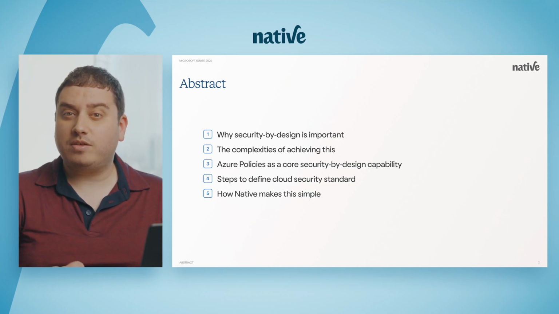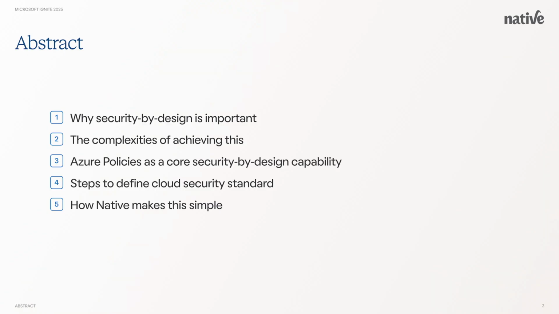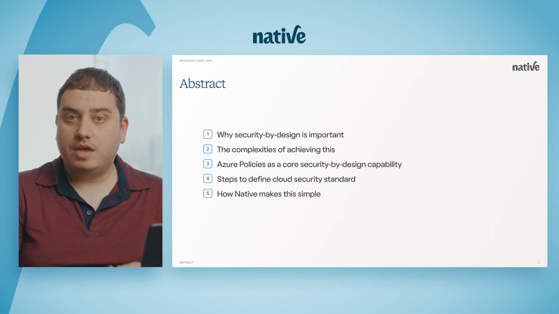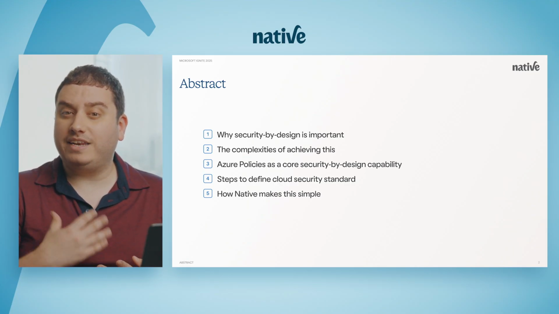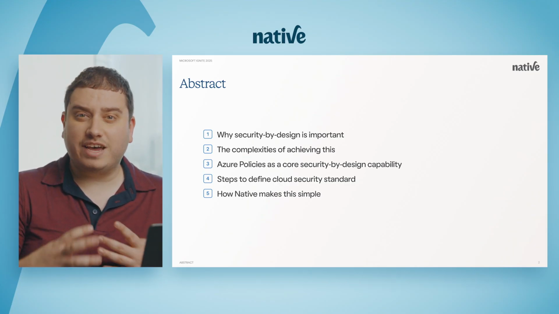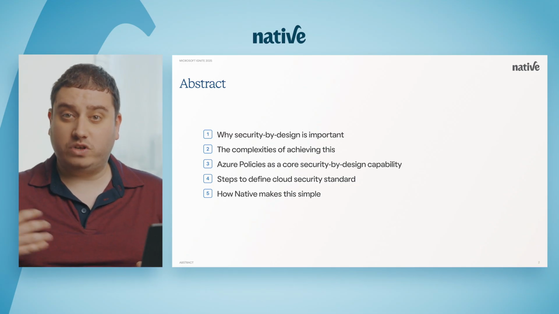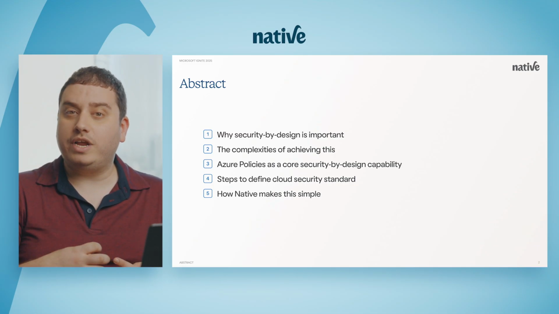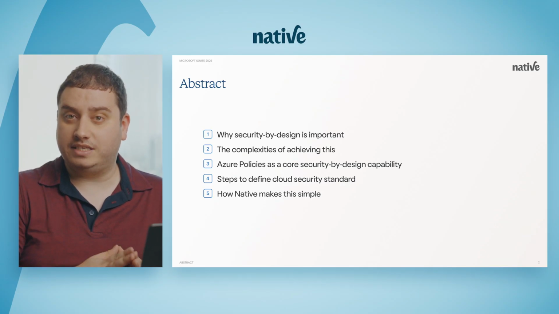And we will do that through an example. I will then discuss Azure policies as a core capability that Azure offers to allow you to get to a secure by design environment. I will then discuss how to define a cloud security standard, which are really the set of requirements for a secure by design environment. And finally, I will discuss how Spek allows you to do that very simply.